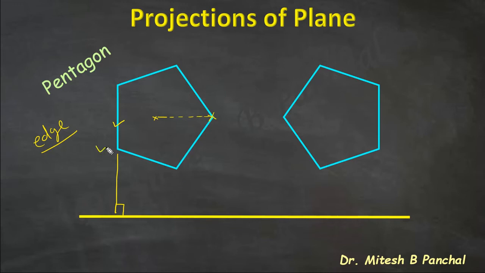So this orientation of the pentagon can also be considered for the corner, meaning it can be considered for both cases: the pentagon resting on an edge as well as on a corner. In the other orientation also, we can see that one of the edges is perpendicular to xy, and if we consider a corner, then the line joining the corner and center is parallel to xy.